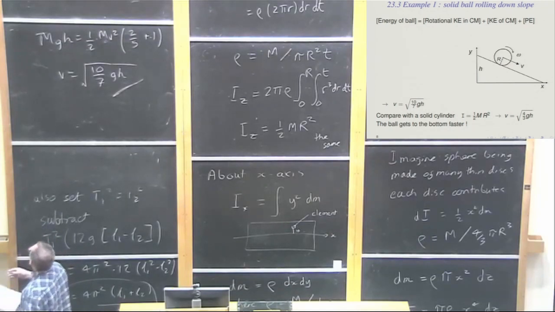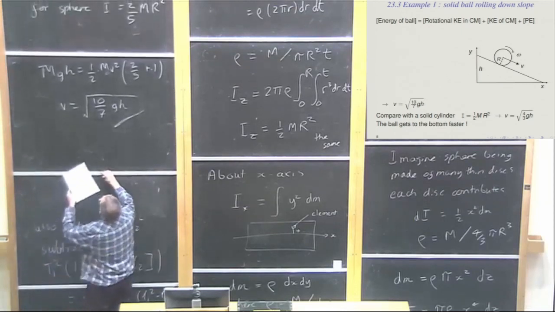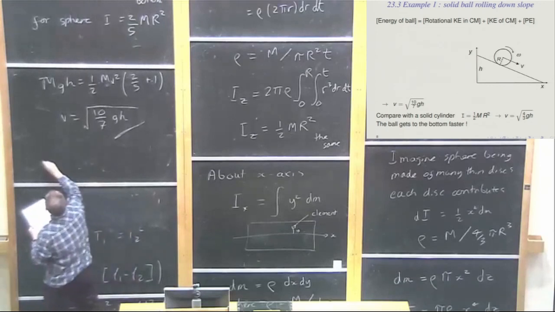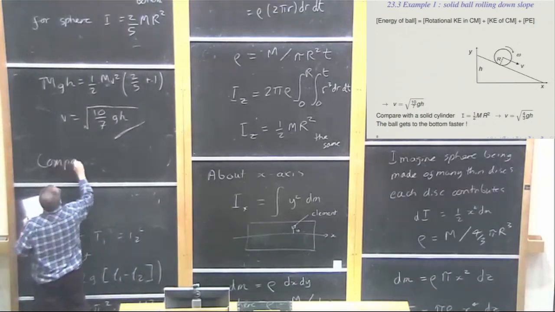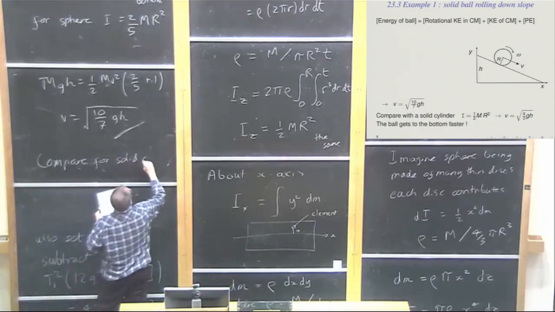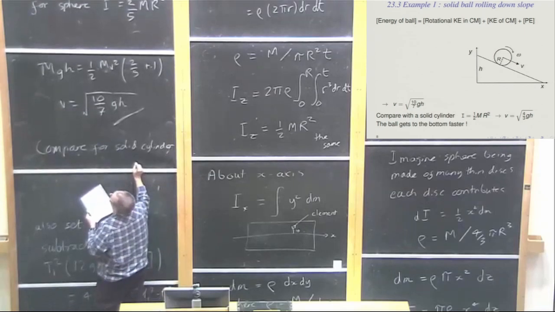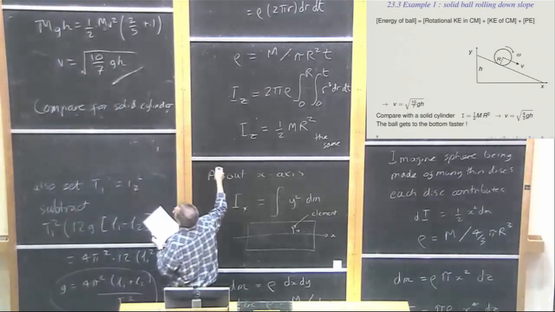One maybe doesn't have a good intuition for what the result is. But you see, we could calculate this for a cylinder. The moment of inertia of this is just the same as the disk.